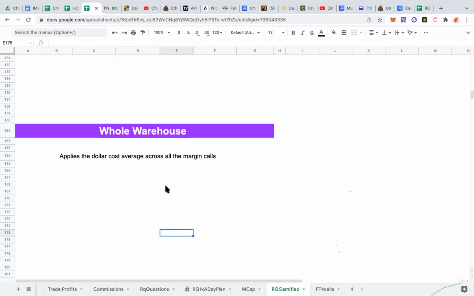The dollar cost averaging is not summing them up together, looking at them as one entity, so that each investment would help the previous ones. The whole warehouse mode would do what? We look at every investment together, all right? Making it possible for you to get out on profit whenever a new investment is done.